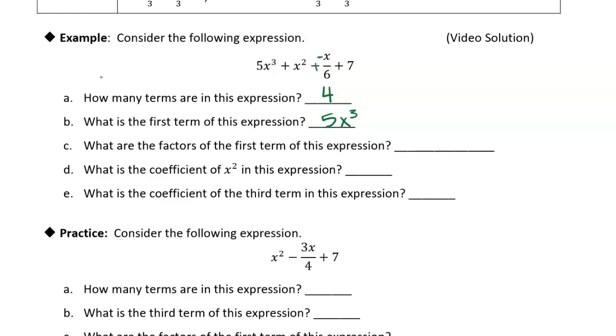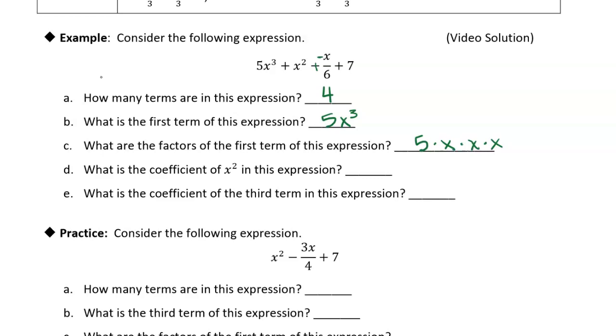What are the factors of the first term of this expression? Well, I kind of already did something very similar up above, right? So 5x cubed just means 5 times x times x times x. That's how we would break it down into factors.